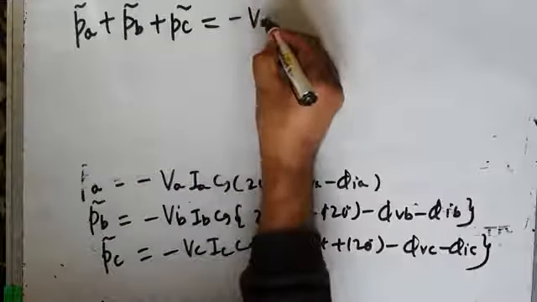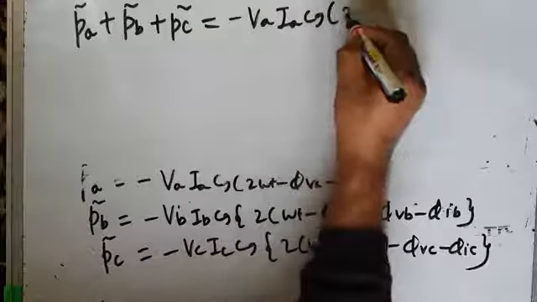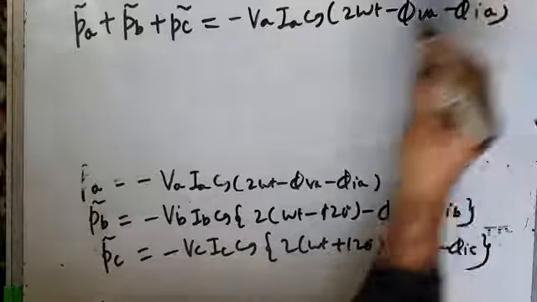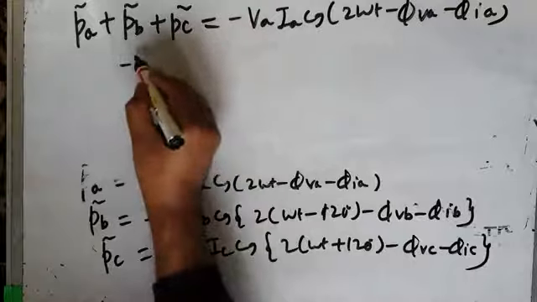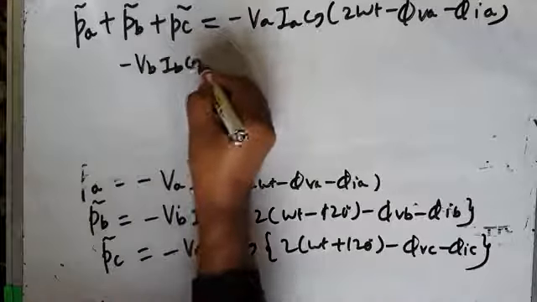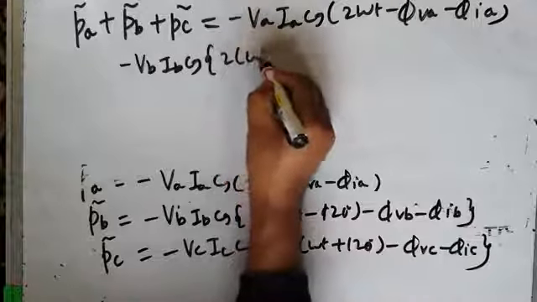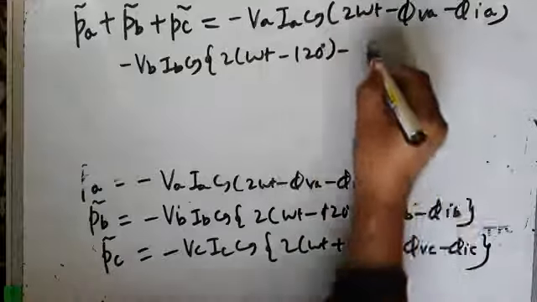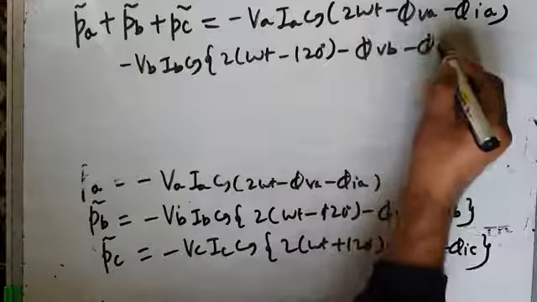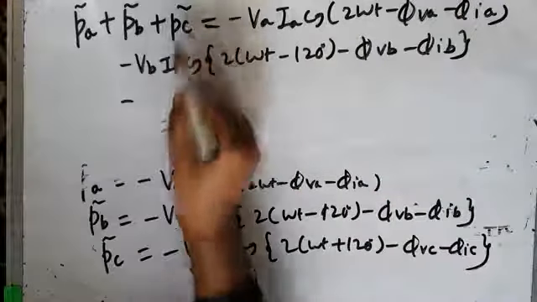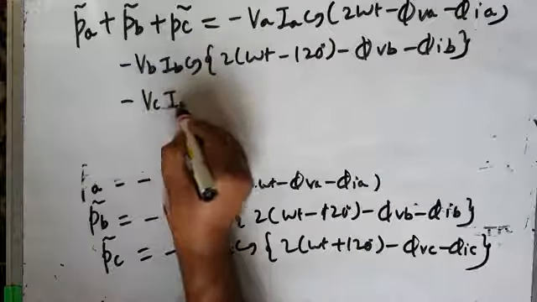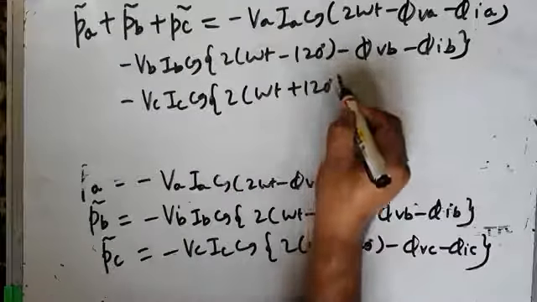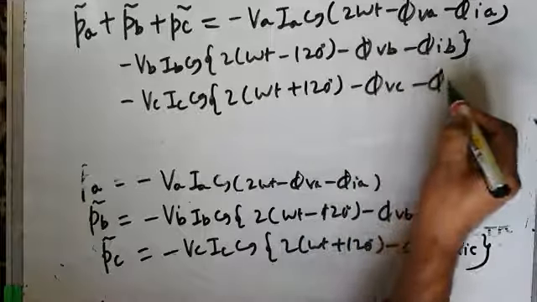It is minus VAIA cos of 2 omega t minus phi VA minus phi IA, plus PB, which is minus VBIB cos of 2 times omega t minus 120 degrees minus phi VB minus phi IB, plus PC, which is minus VCIC cos of 2 times omega t plus 120 degrees minus phi VC minus phi IC.